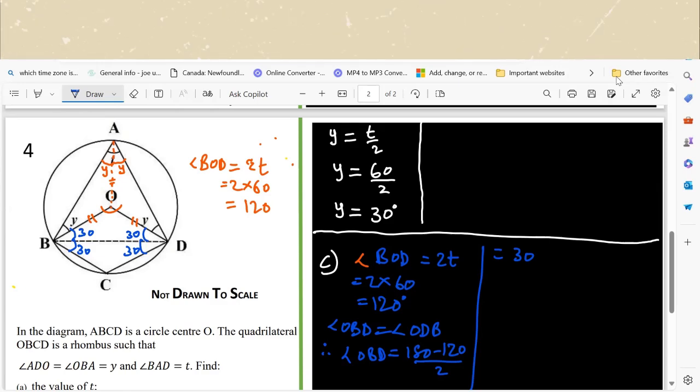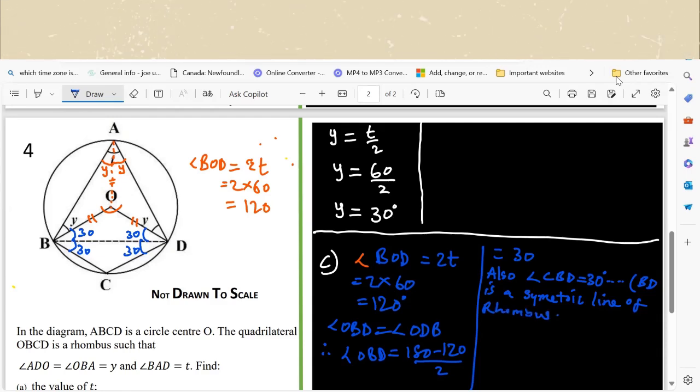So also, we will say here that angle CBD is equal to 30 degrees. All right. Note that BD is a symmetric line of the rhombus given.